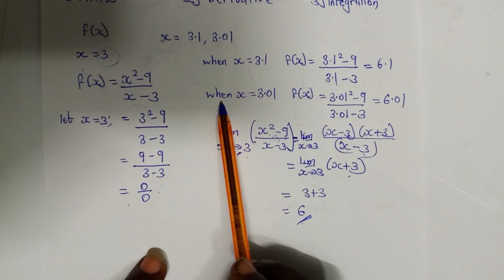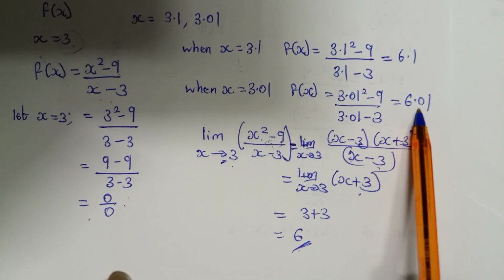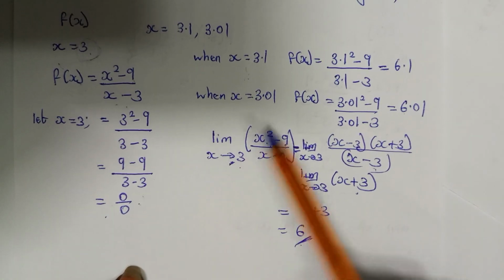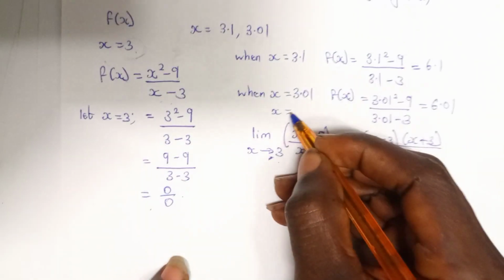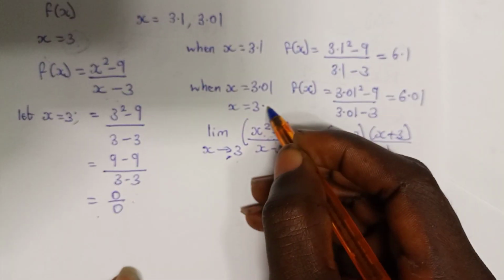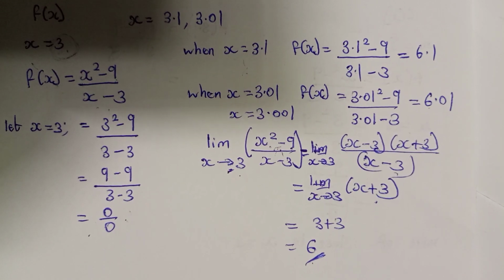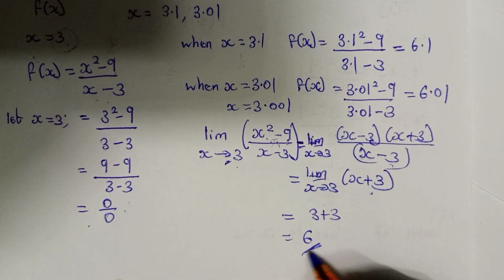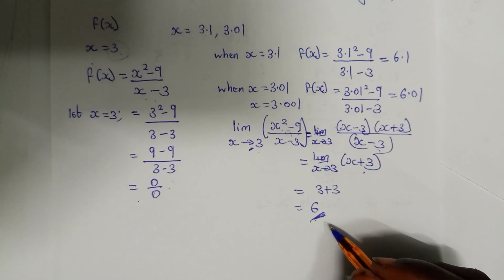The second one, as x was 3.01, we get 6.01. So this means that as x approaches 3, when you take the value of x to be 3.001, you are going to get closer to what? 6. So the value of f of x is 6.